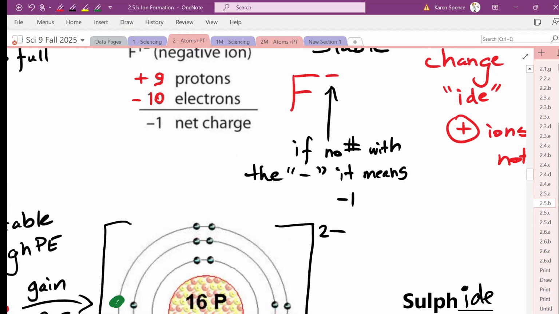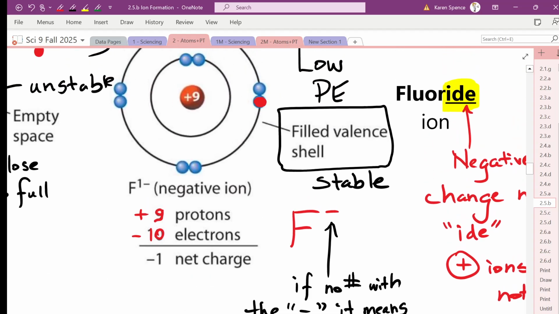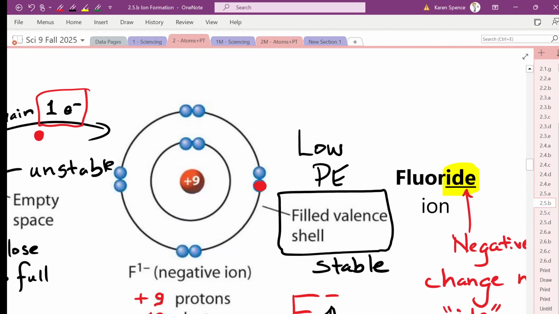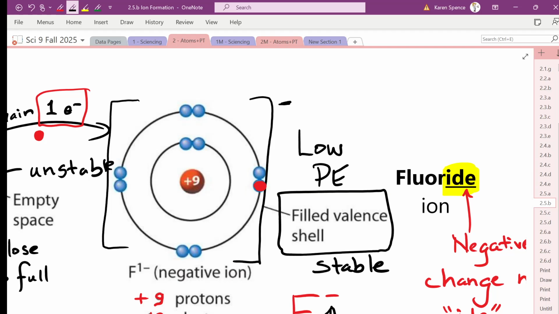And then lastly, we are going to put square brackets around our fluoride ion. And we're going to put a negative charge there.